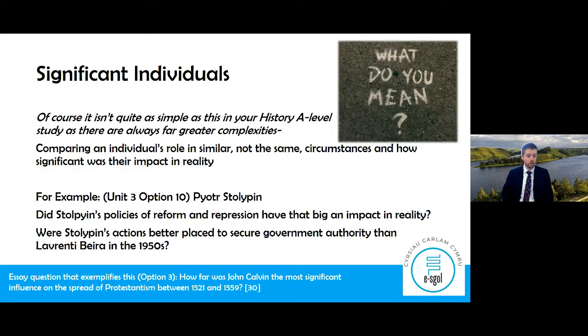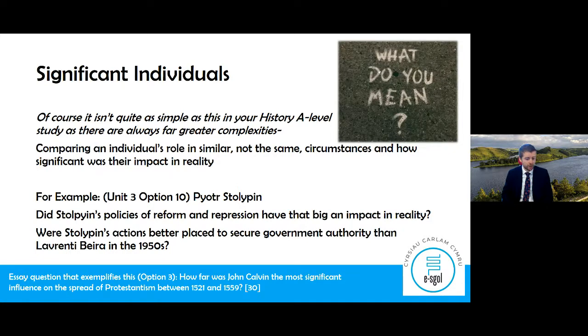So if we take another example from another option unit, Peter Stolypin is specifically mentioned in option 10. And so again, we don't need to know every single detail there is about Peter Stolypin. What we need to know instead is how significant he was. So we're asking questions like, did Stolypin's policies of reform and repression have that big an impact in reality?